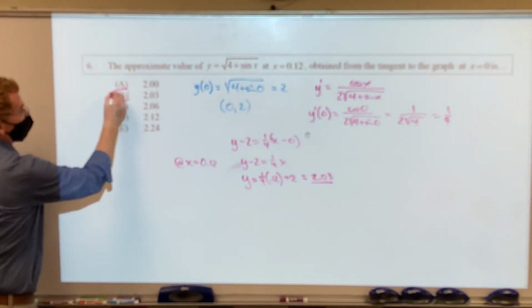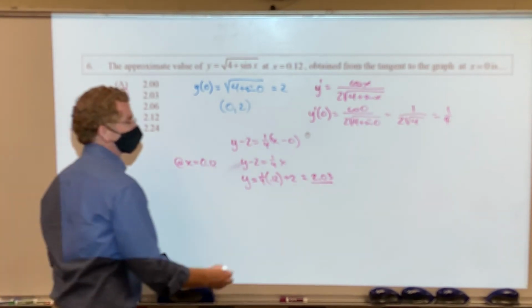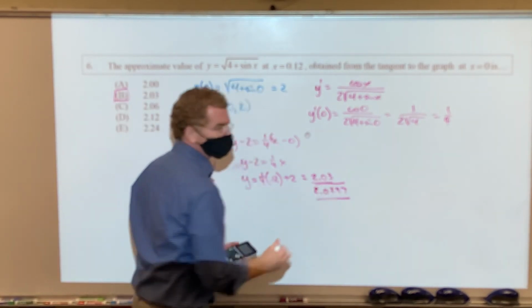and I get B. And for the record, if I were to take the square root of 4 plus sine of 0.12 radians, I get 2.0297, which is awfully close to the real value.